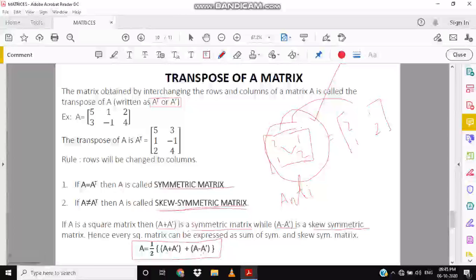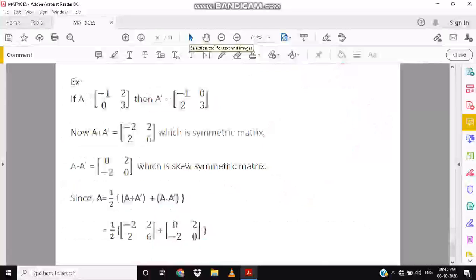We come to one such example. See here, one matrix is given, you just transpose this matrix. How will you do that? Minus 1, 2 here in the row gets interchanged into the column, minus 1 and 2. Then 0, 3 in the row gets changed to 0, 3 in the column.